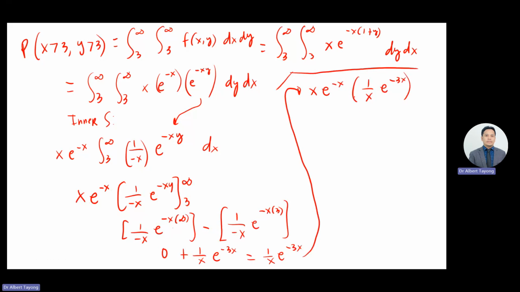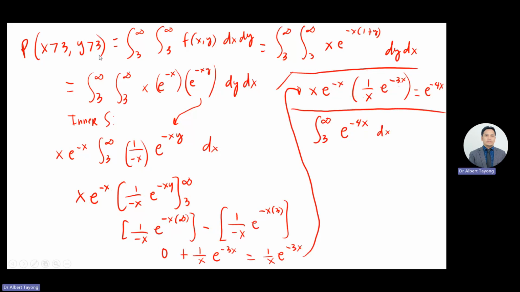So we cancel the x and we multiply e raised to the power of negative x and e raised to the power of negative 3x. That is going to be e raised to the power of negative 4x. So now this answer, we're going to put it here and then dx. Okay, so we are from 3 to positive infinity. The answer is e raised to the power of negative 4x dx. And then we're going to get the integral of this. This is the last step here.